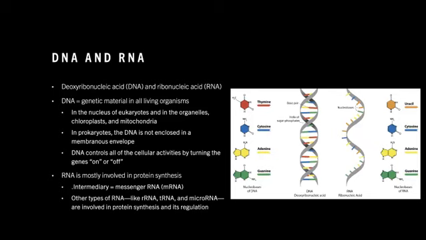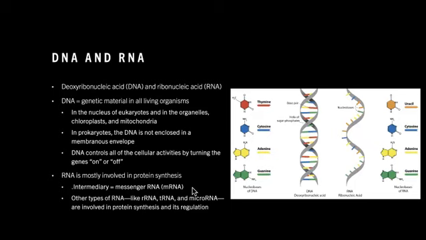We don't really want our DNA to leave the nucleus or the area of the nucleoid region. So instead, we're going to create this intermediary type of molecule known as RNA, and in our case it's messenger RNA or mRNA, so that it can go and communicate with the rest of the cell.